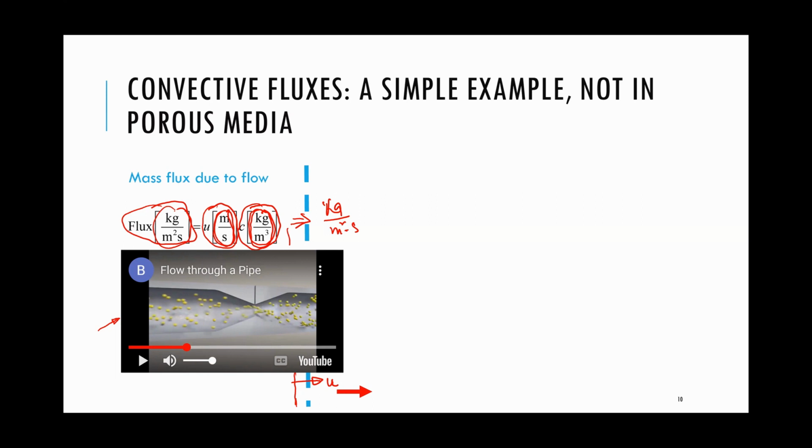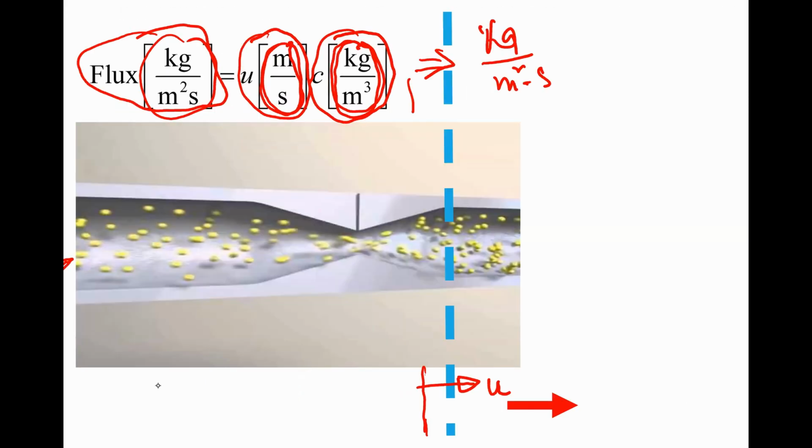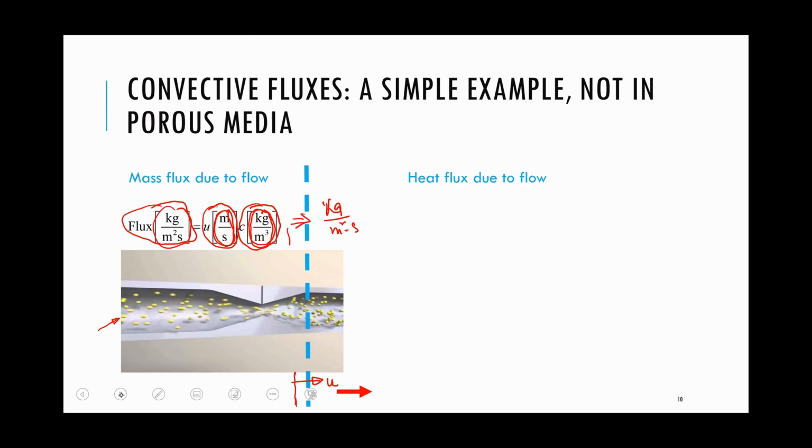Okay. So in a very analogous way, we can talk about heat flux due to flow. So this was mass flux due to flow, and this is now heat flux due to flow, and that is joules per meter square per second.